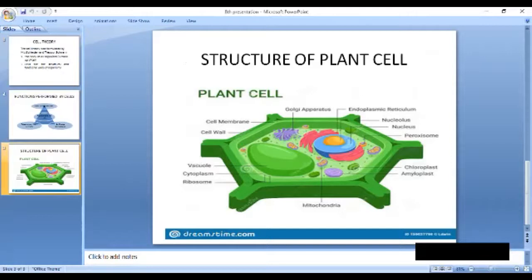The vacuole is covered with a protective covering, and that covering is known as the tonoplast. Is it clear for you? And what is the function of the vacuole? It stores salt, water, and excretory materials. So we have discussed the vacuole. Next, we are going to study about the ribosomes.